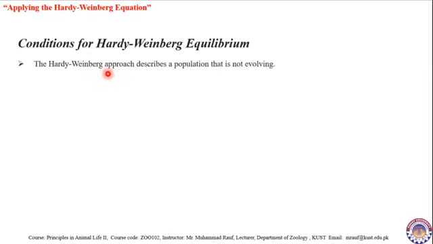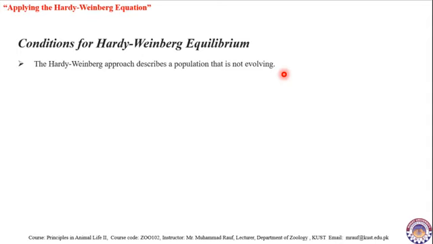The Hardy-Weinberg approach describes a population that is not evolving. They were two scientists who worked independently and arrived at a similar conclusion. What they wanted to know was whether a population living in a natural, wild environment will evolve or not evolve.